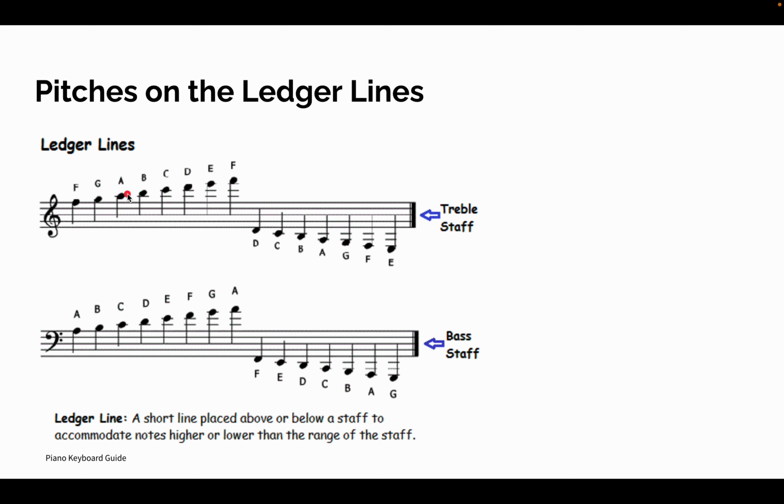And each line just acts like a normal line on the staff. It has a space and a line. So if this is F, the space in between will be G, and this note on the line will be A, and this continues on. And it goes down the same way. If this is D, then one down on the line will be C.